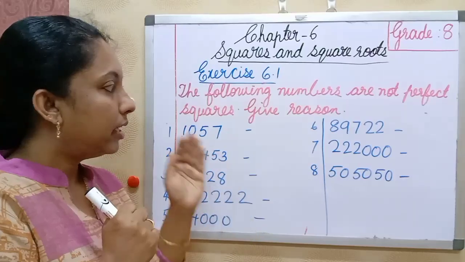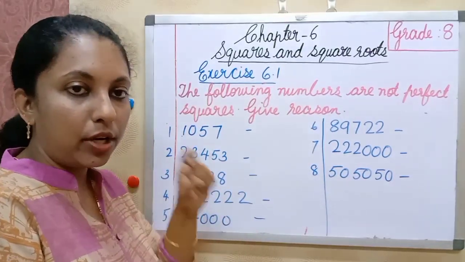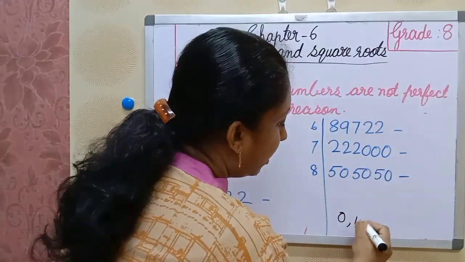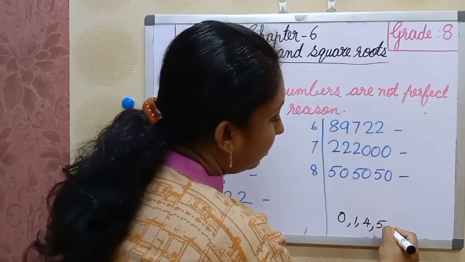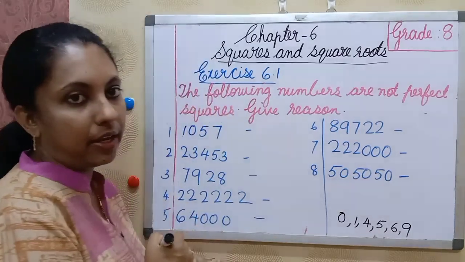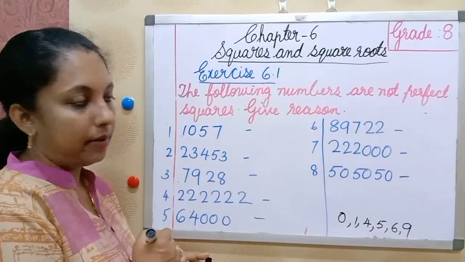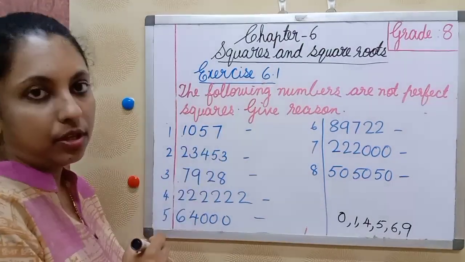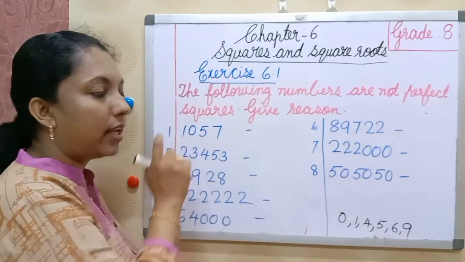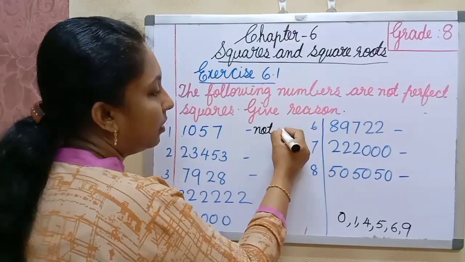If a number is a perfect square, then the unit place digit will be 0, 1, 4, 5, 6 or 9. See here, it is 7. That is the reason, the unit place digit is 7, so this is not a perfect square.